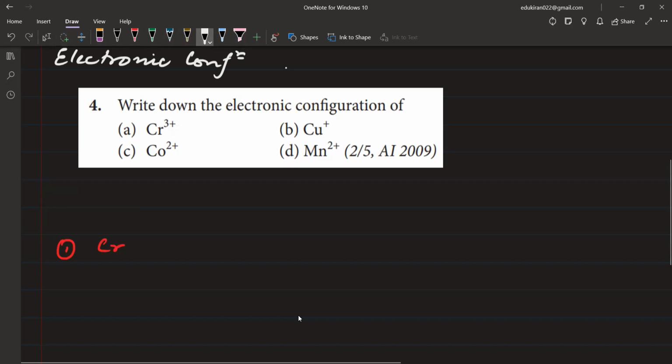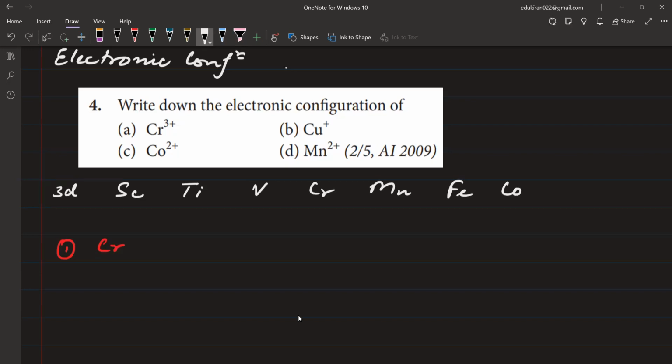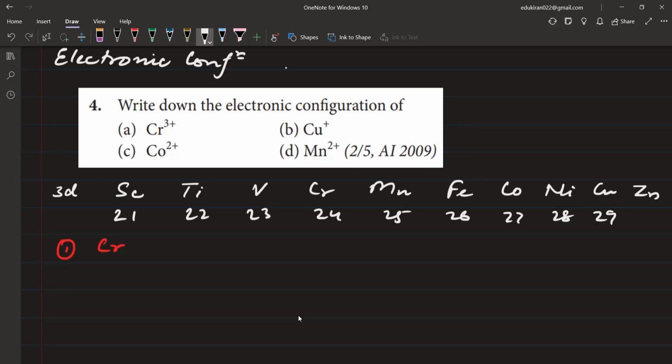See, for the 3d series, you can remember it very easily. Sc, Ti, V, Cr, Mn, Fe, Co, Ni, Cu, Zn. This starts at 21, 22, 23, 24, 25, 26, 27, 28, 29, and 30.